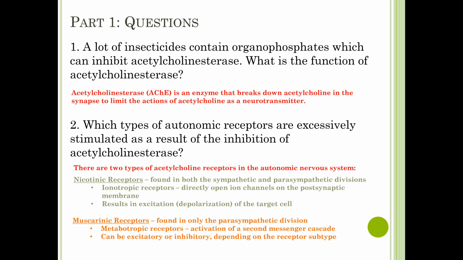In the case of the muscarinic receptors, these can be either excitatory or inhibitory, depending on the receptor subtype. There are actually 5 different subtypes of muscarinic receptors. So the bottom line is that without acetylcholinesterase to break down acetylcholine, both of these types of receptors would become overstimulated.